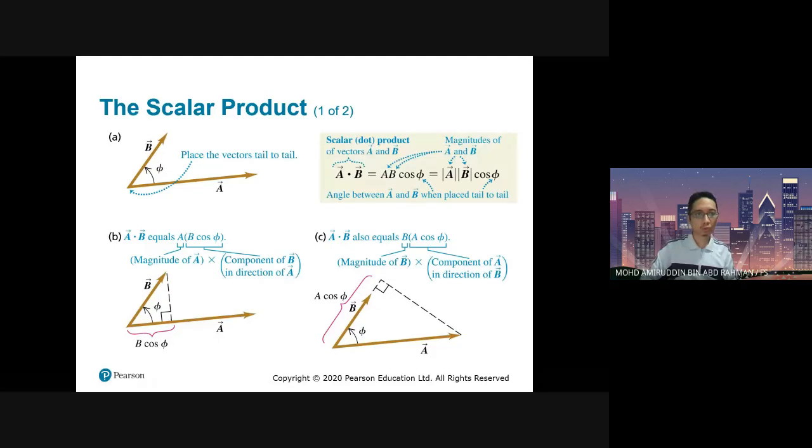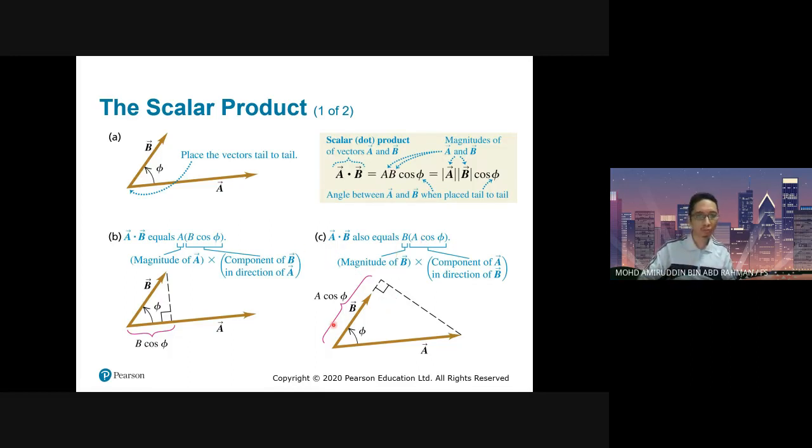Okay, so you can either solve like B, or you can also solve like C, where you find out the component of A onto the vector B. So you solve the component of A onto B, and you also obtain the similar answer.